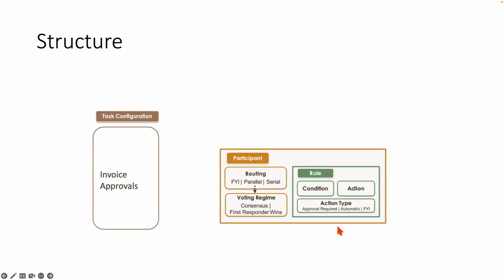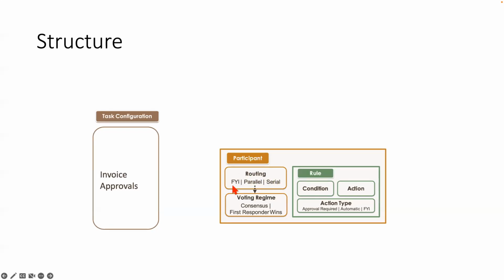Actually, let me mention something about rules. As I mentioned about the action, you have an action type, what you can do. It could be that you want it to approve, or you want it to be automatic, or maybe you want it to be an FYI. And then you have the participants, which is then used for the routing.